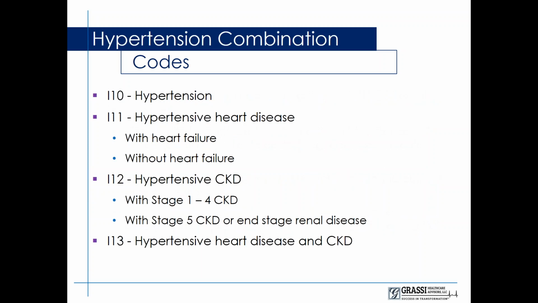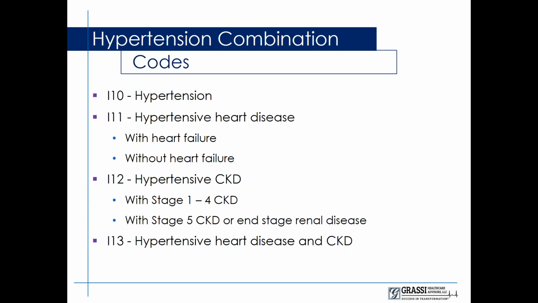These are just some examples of the combination codes for hypertension. Again, we talked about the 3-digit category, hypertension, I-10, but you can see hypertension with heart disease. They want to know whether it was with heart failure or without heart failure, hypertensive with chronic kidney disease, the 3 categories, I-12, but you need to provide more information with stage 1 through 4 chronic kidney disease, with stage 5 chronic kidney disease, or end-stage renal disease.